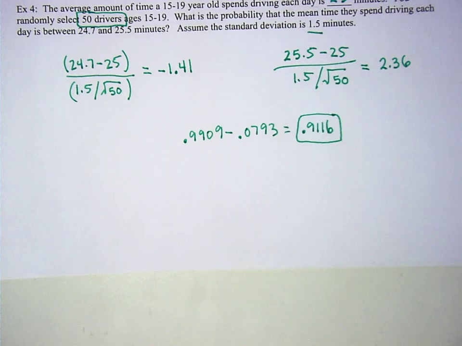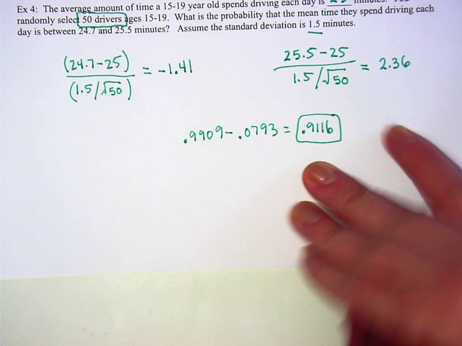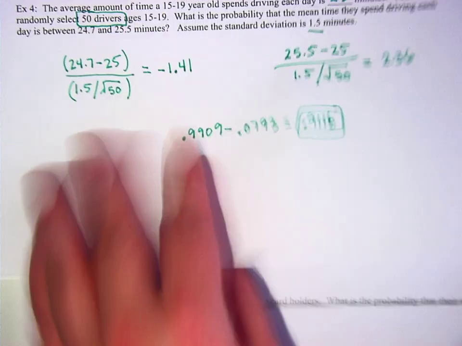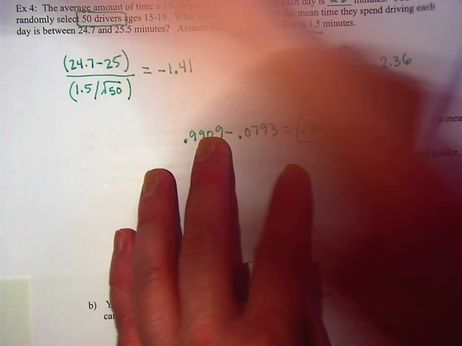Let's move on to number 5. All right. Average room and board expense per year at a 4-year college. Room and board just means for food and your dorm room. You get a payment plan. $10,000.